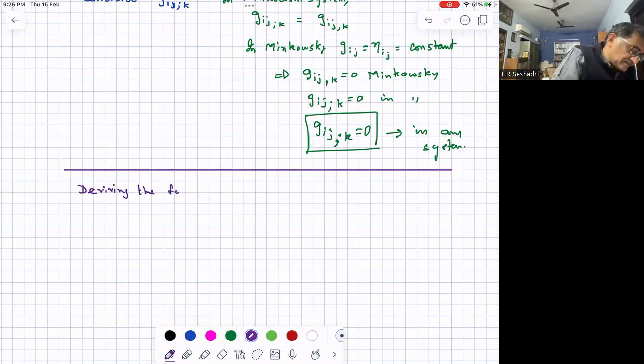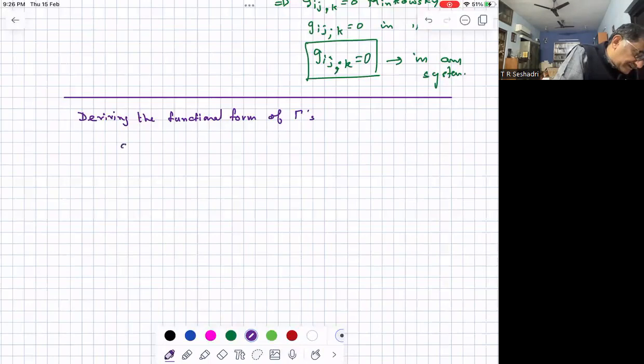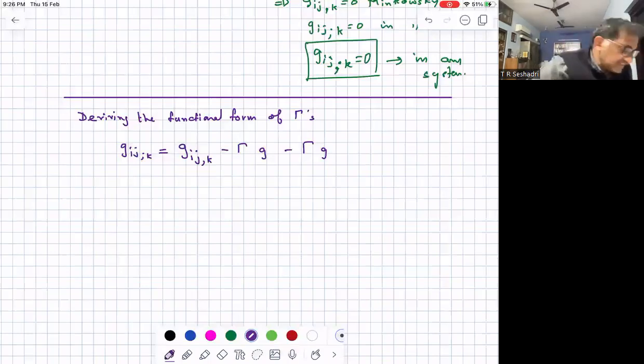Deriving the functional form of gammas. I have Gij semicolon k. Let me write it using the usual definition of covariant derivative: Gij comma k. Now both indices are covariant, so I will have a minus gamma G minus gamma G. K is the index for the derivative, which will come with gamma.